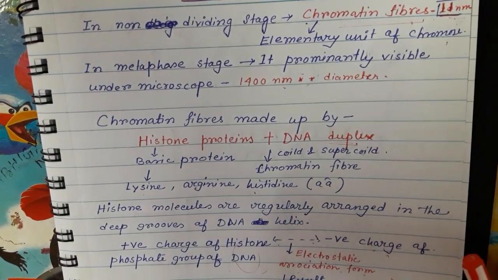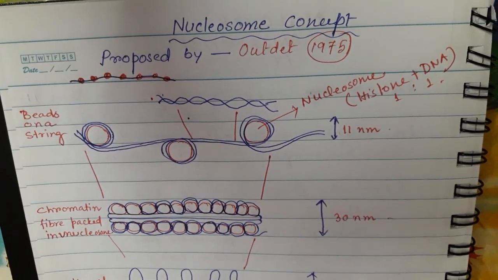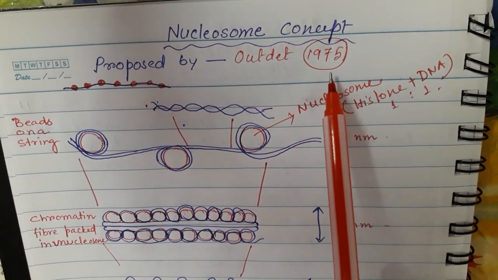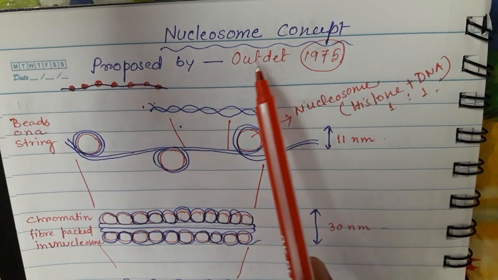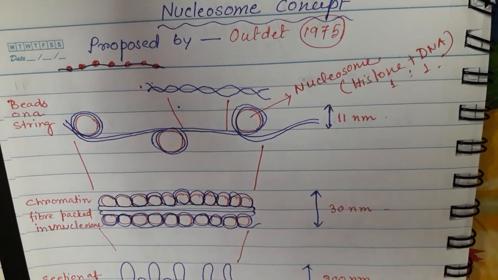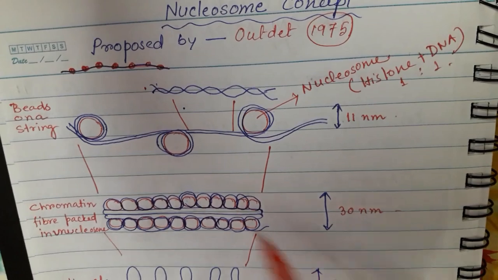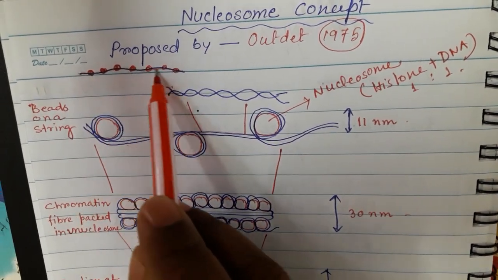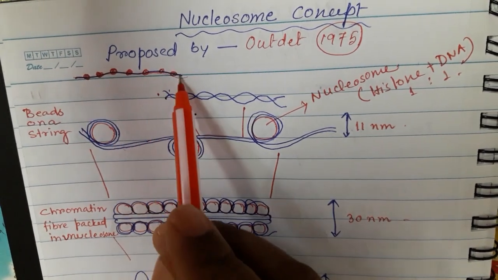Now we discuss the Oudet concept, which is known as the nucleosome concept. According to his concept, the chromatin fiber looks like beads on a string, a string on which small beads are present.